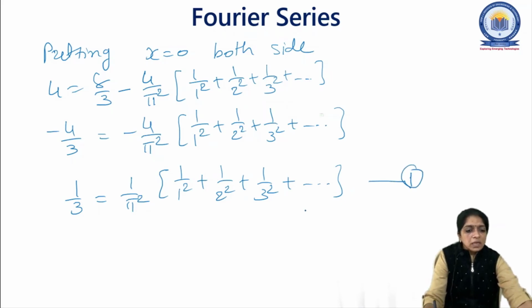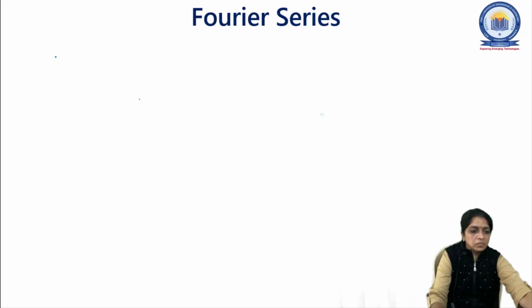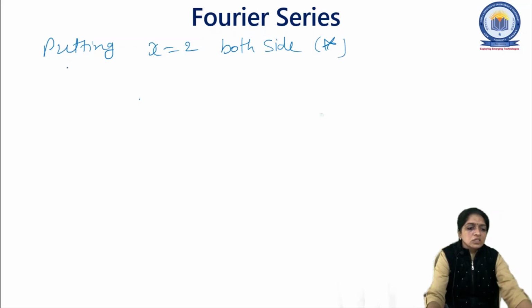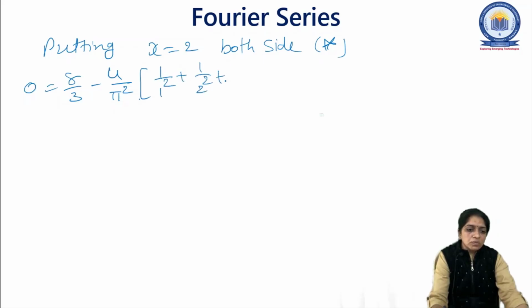Okay. Now if I put x equal to 2 on both sides in star, here 4 minus x², if I put 2 here, 4 minus 4, that is 0, equal to 8 by 3 minus 4 upon π², and as cos 2πx, all cos of even multiples of π is always 1, so 1 upon 1² plus 1 upon 2² plus 1 upon 3² and so on, and sin of even multiples of π is always 0, so again the next term will be 0.